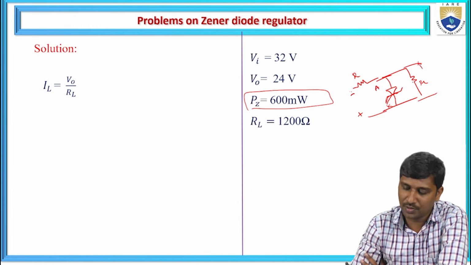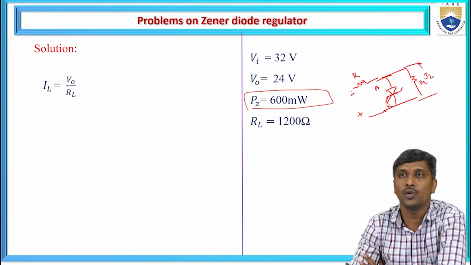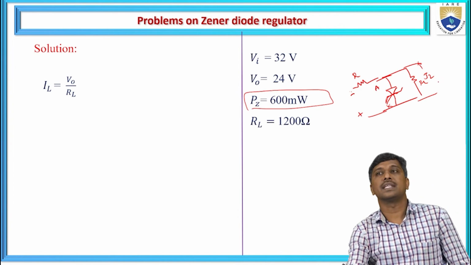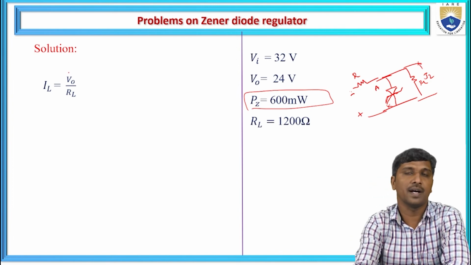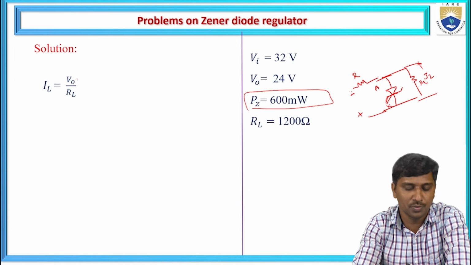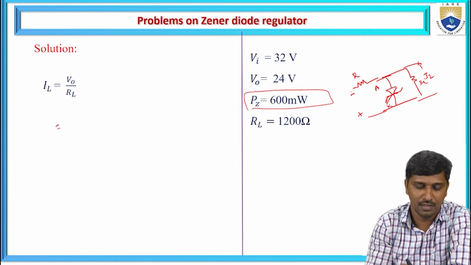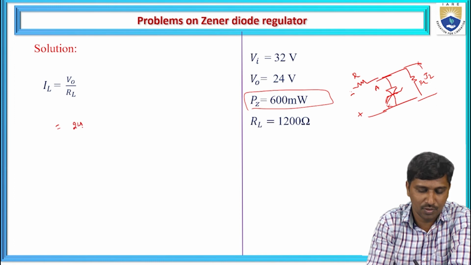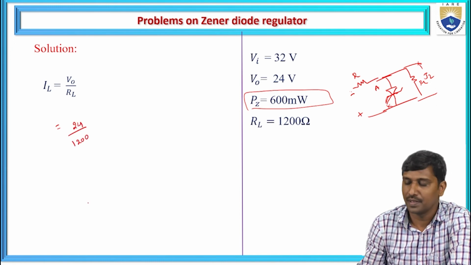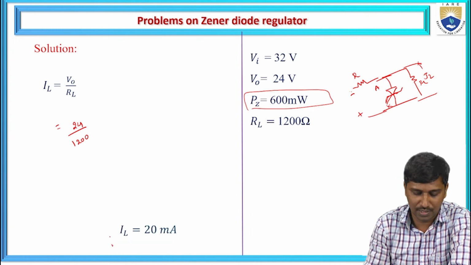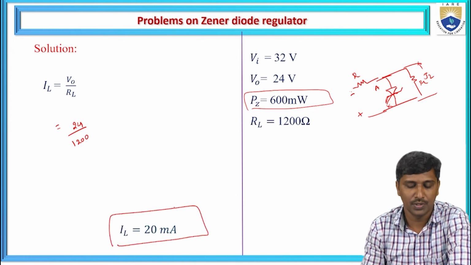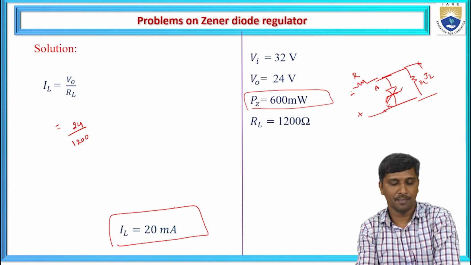Across this, we calculate how much current is flowing through the load resistance, which is the ratio of output voltage to the load resistance. For this given statement, the output voltage is 24 volts and the load resistance is 1200. By solving this ratio, it gives that IL is equal to 20 milliamperes.